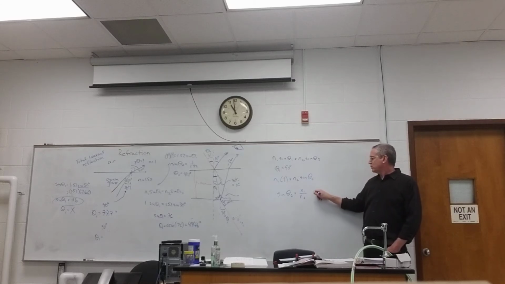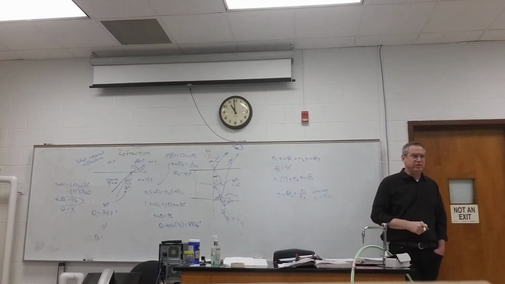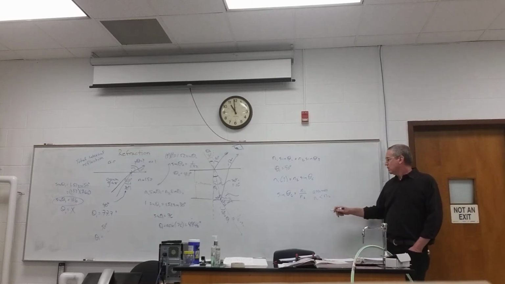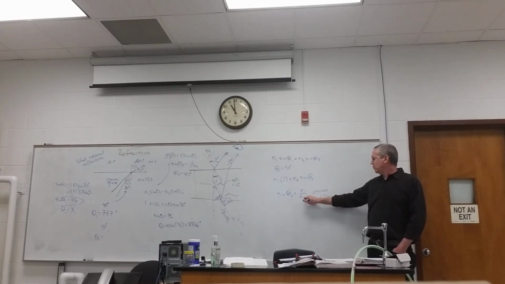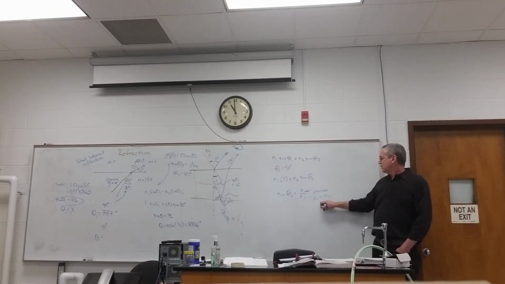So this assumes that n1 is less than n2. Using better language, this would be the angle of incidence, and this is the angle of refraction. So it assumes that the angle of incidence is greater than the angle of refraction.